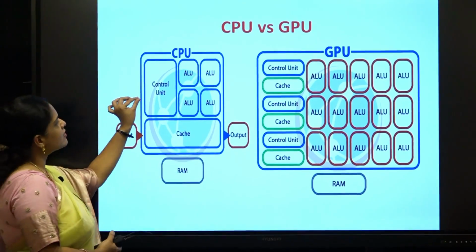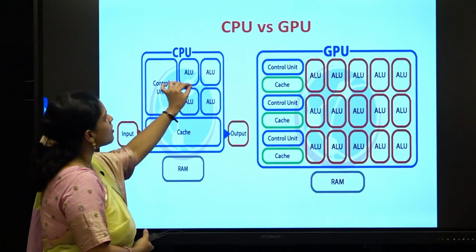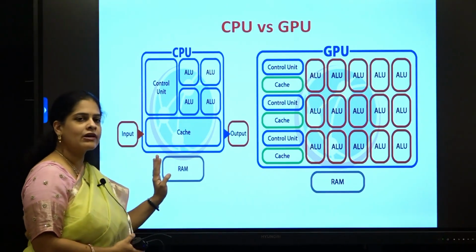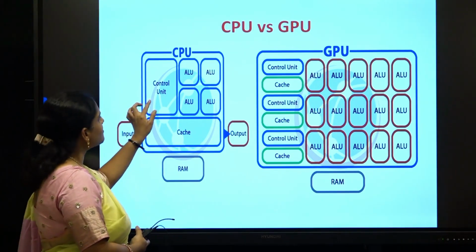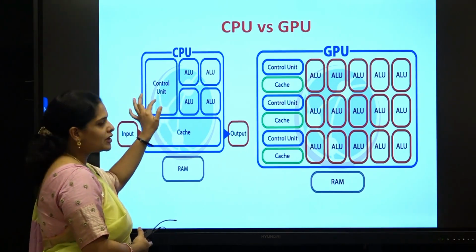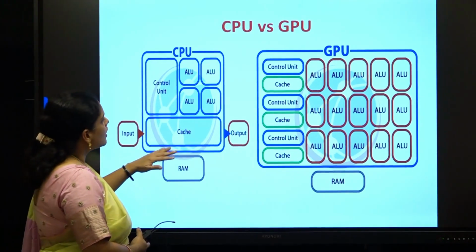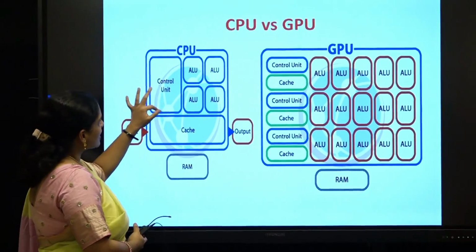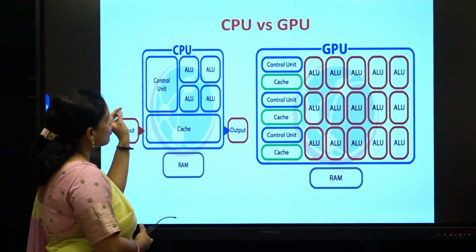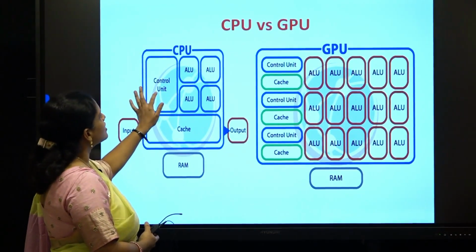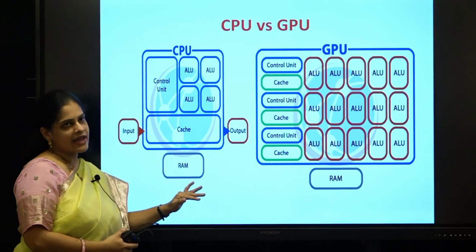Giving control signals and assigning the job to the ALUs is the main role of the control unit. At a single instance of time, the control unit can assign a task to only one ALU.